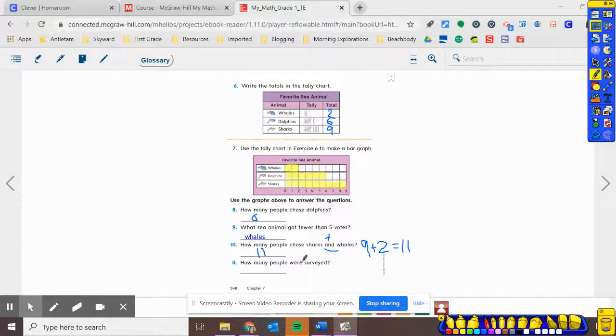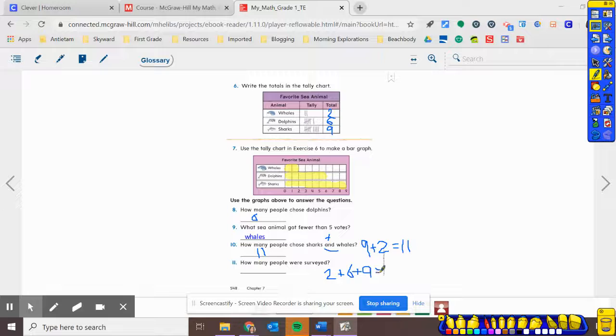And finally, it says how many people were surveyed. That means that I need to do what? I need to add them all together. So I'm going to write myself a really long addition problem. Ready? I'm going to add them all up. 2 plus 6 plus 9.